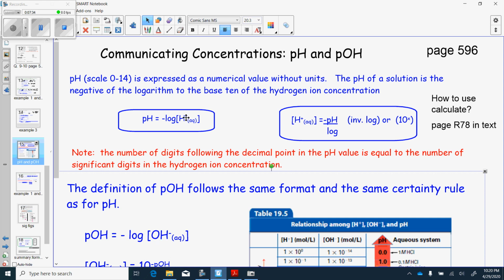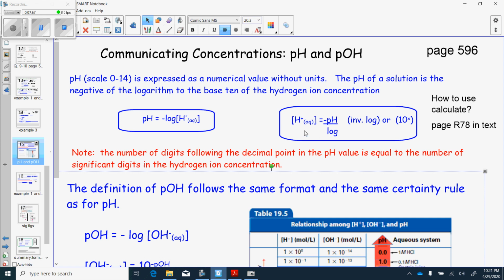You can rearrange this formula. So if you have one piece of the puzzle, you can always find the second. When we rearrange this, we would divide both sides by negative log. So H positive is minus pH over log. It doesn't matter where you park your negative when you look at that.